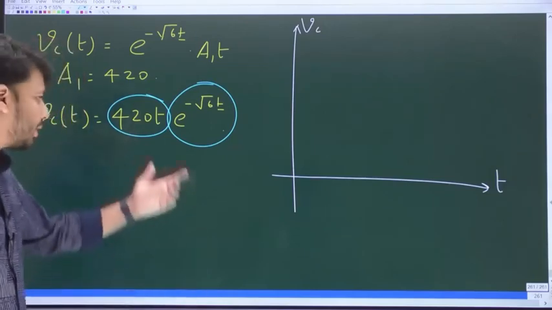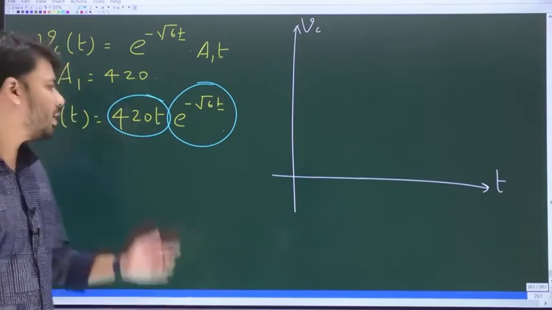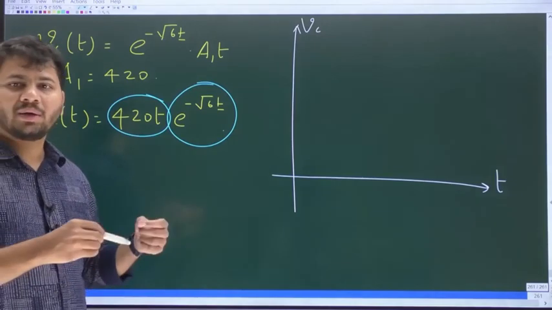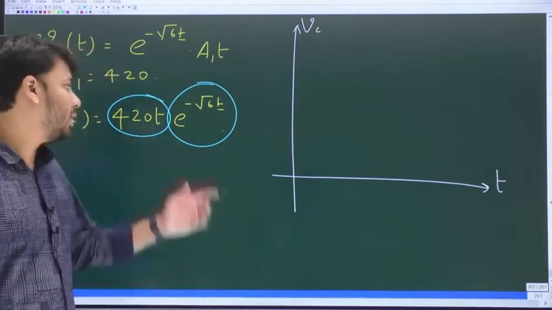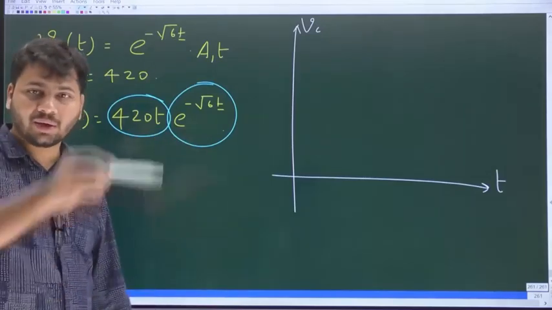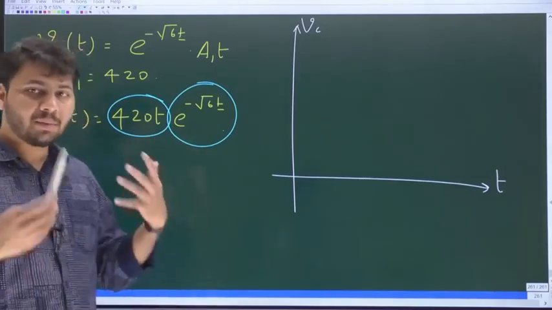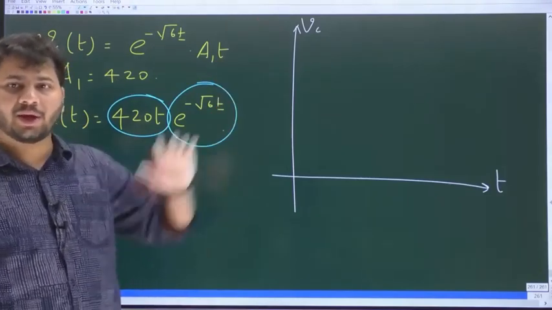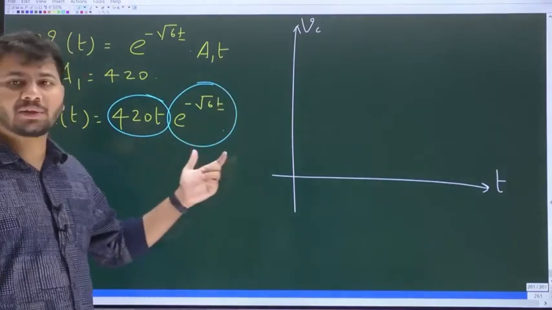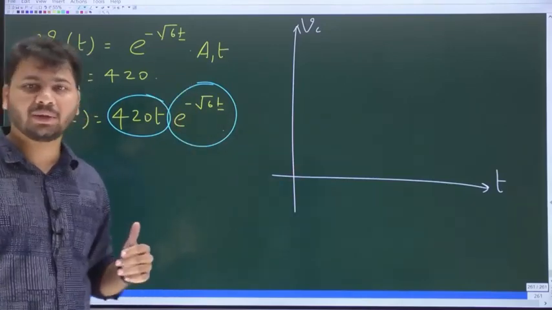The other function is e power minus root 6t. 420t will increase with time, e power minus root 6t will decrease with time. So we are multiplying two functions where one is going to increase with time linearly, whereas the other will exponentially decay with time.